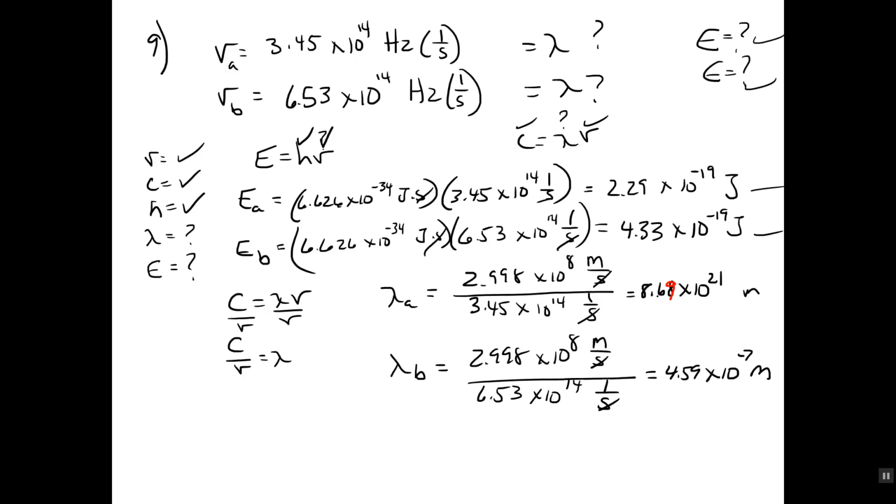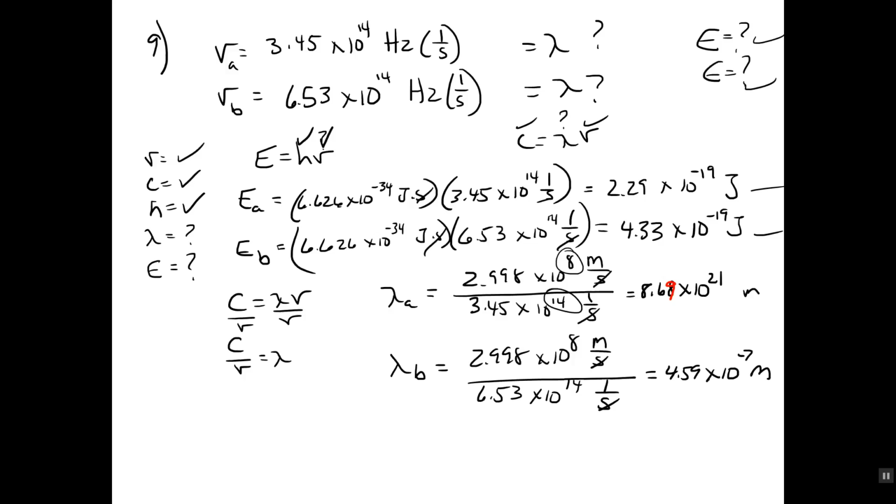This one looks wrong here, because I'm looking at these values, 8 and 14, and remember when you divide these you should subtract them. So let me punch that in again. 2.998 times 10 to the 8th power divided by 3.45 times 10 to the 14th power.